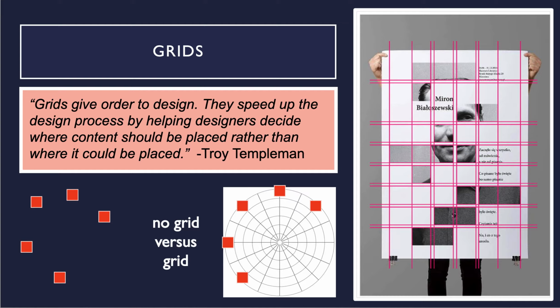Versus the one on the right where you've aligned it on a grid, and then when you remove the grid, it will look like it was professionally designed and laid out. And there's a great example over here on the right of how you can work off grid, or even if you have a weird grid. But nonetheless, there's still a grid, and that, as a result, very much helps define good, strong design.